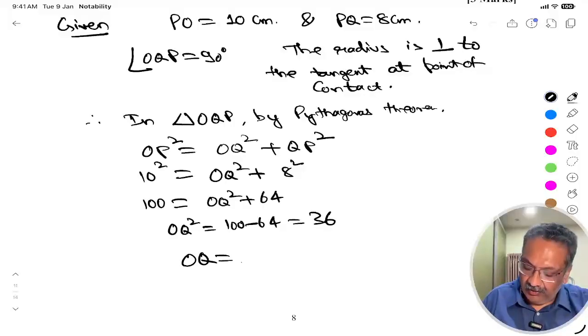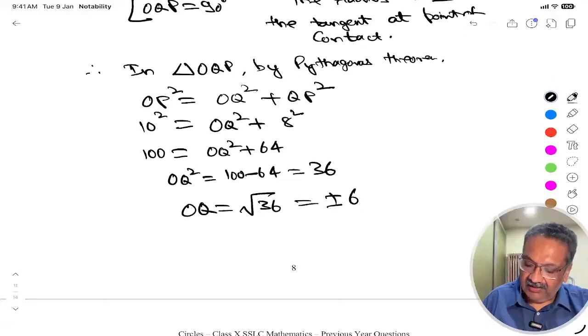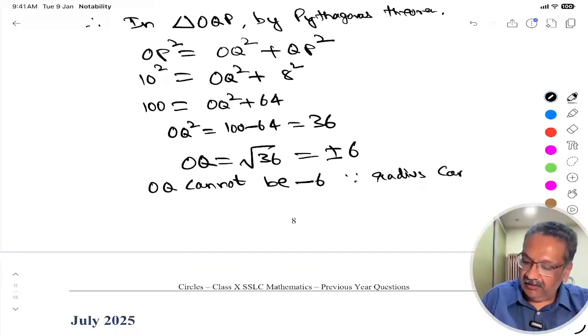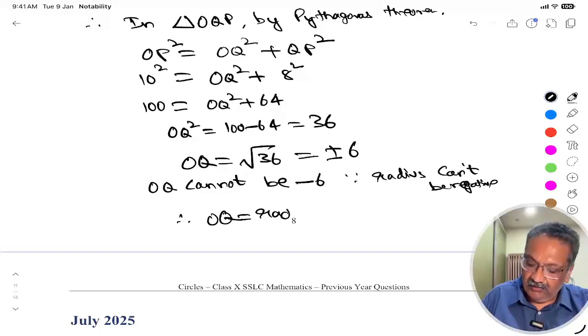OQ is equal to square root of 36, which is plus or minus 6. OQ cannot be minus 6 because radius can't be negative. Therefore, OQ, the radius, is equal to 6 centimeters.